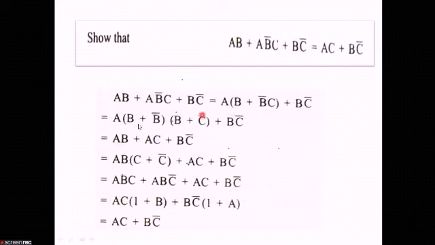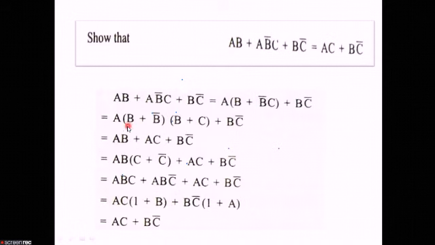We can write A(B + B̄)(B + C) + BC̄. Now B + B̄ is equal to 1, so we are getting A(B + C) + BC̄.